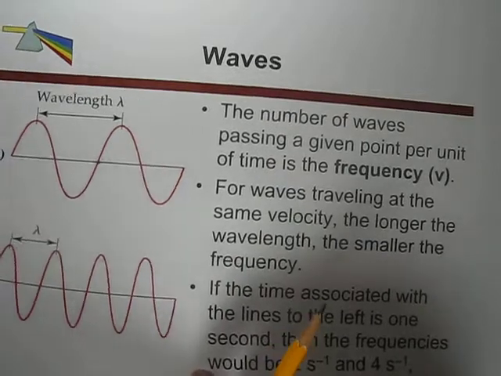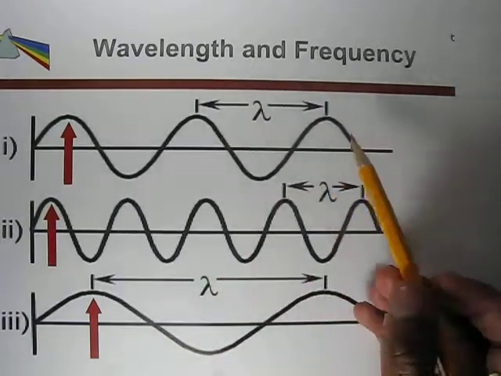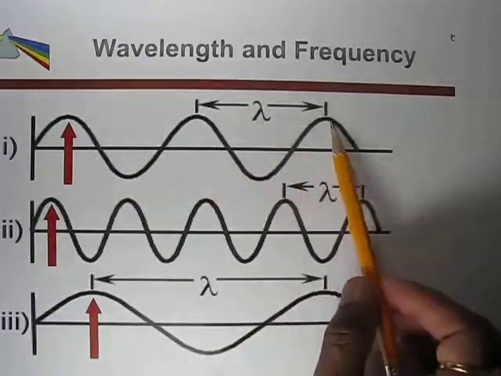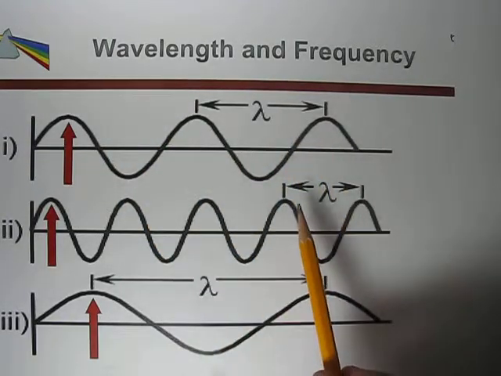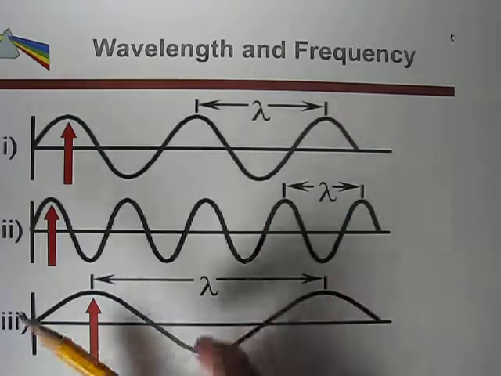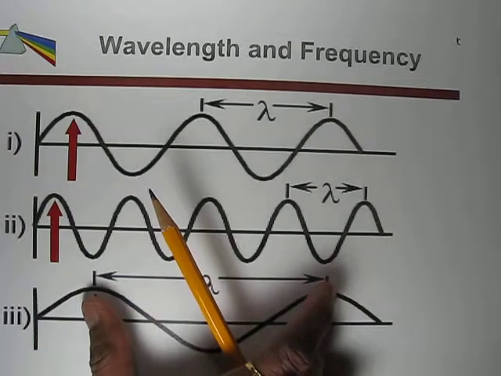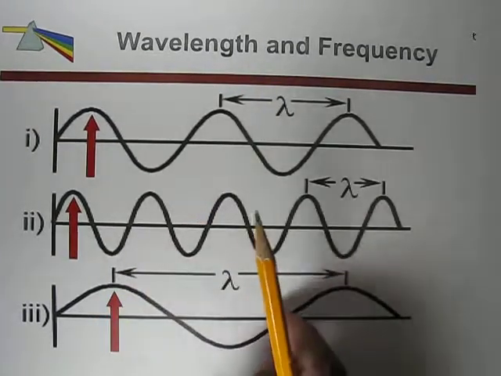And when we talk about the wave, this slide shows that the longer the wavelength is, the lower the frequency. Here this is the short wavelength, this is even longer, so only 2 corresponding points are passing at this place.